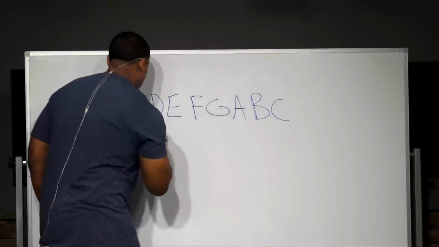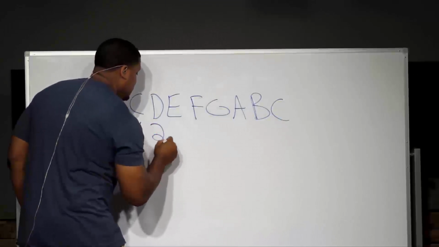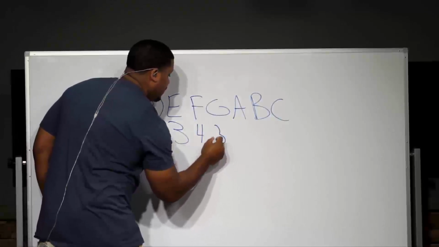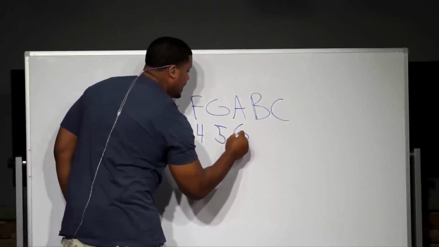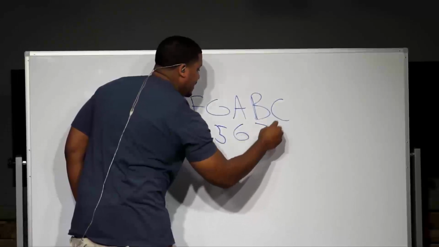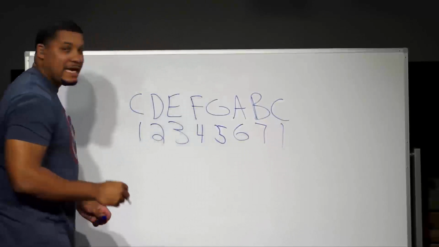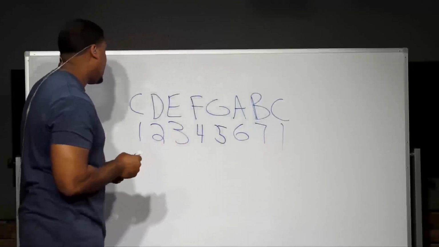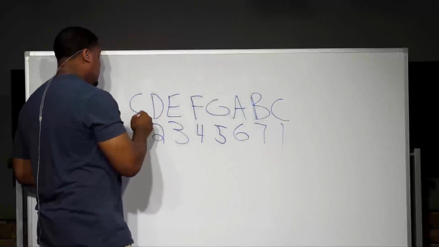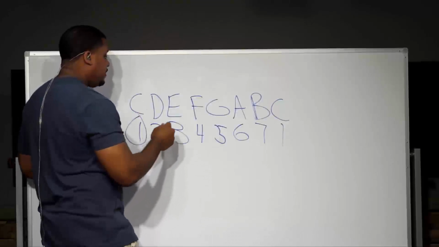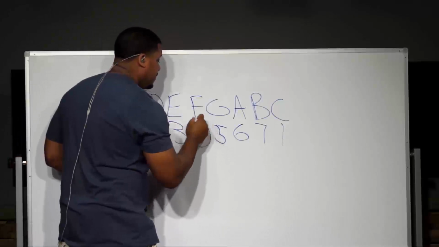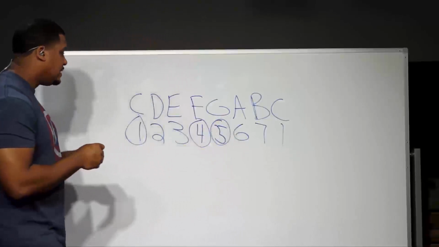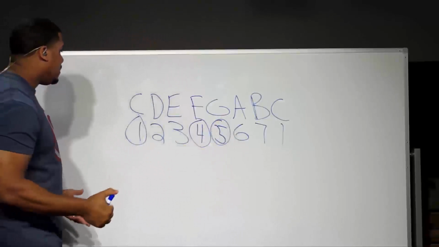And the number system is C is the 1, D is the 2, E is the 3, F is the 4, G is the 5, A is the 6, B is the 7, and then we're back at the 1. So what we covered the last time we talked about drop two voicings was the 1, which is the C, the 4, which is the F, and the 5, which is the G, and the different drop two voicings that you could play for those.